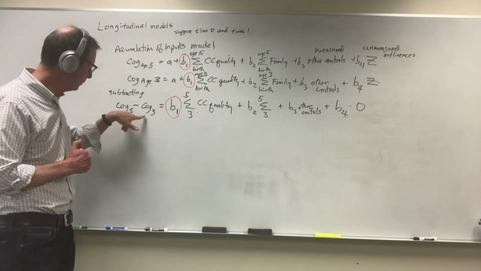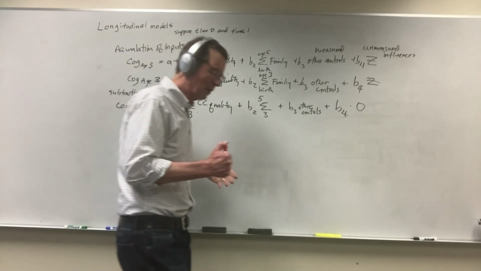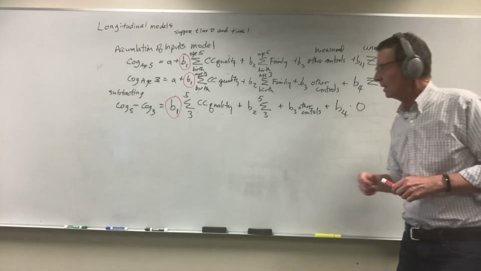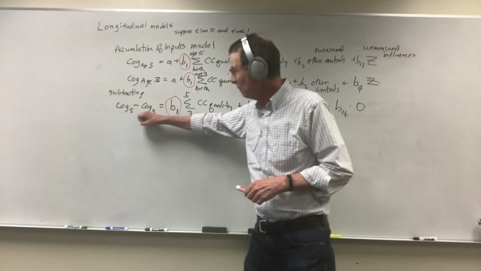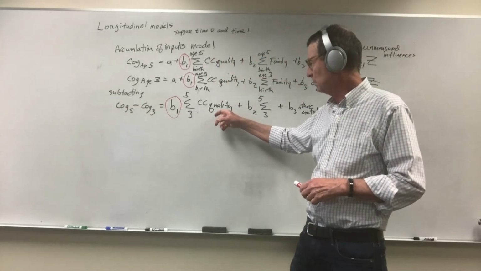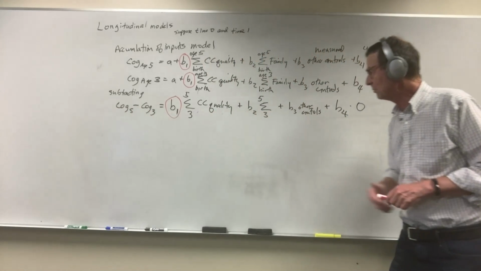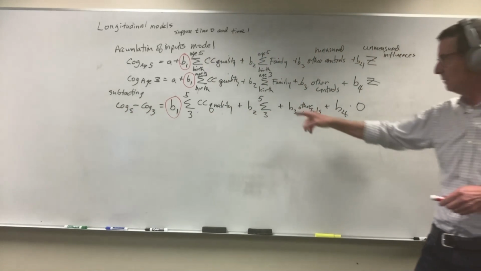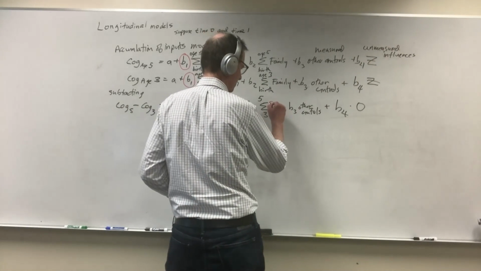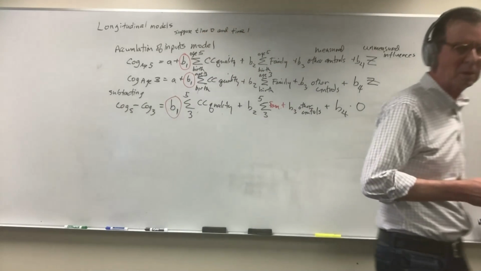So this is a very powerful kind of equation because cognitive development is the sum of all these influences up to age 3. And then you can just take off from there and say, well, what happens after age 3 as a function of what happens in terms of childcare quality after age 3, what happens to these other family, sorry, this is FAM, this is other controls, this is B4.